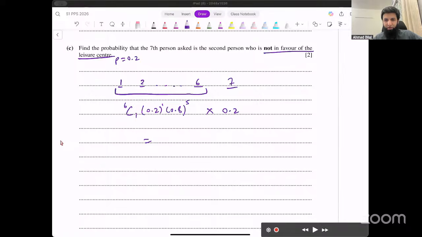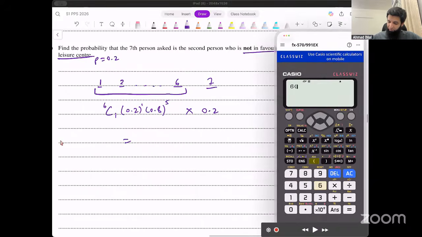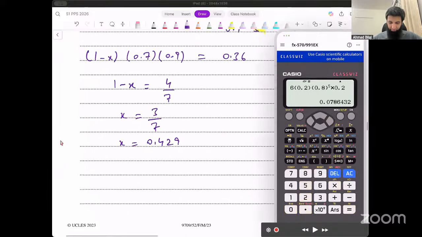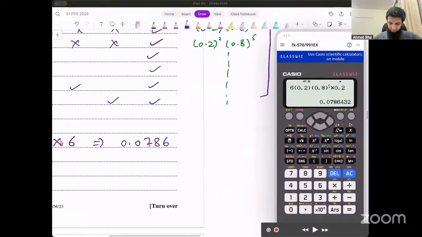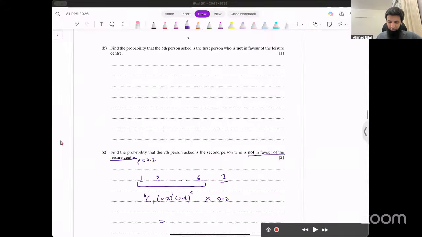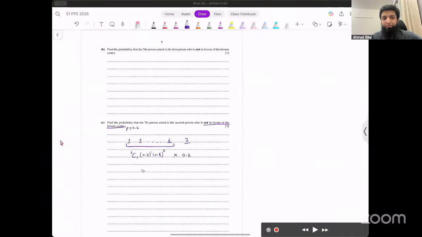This is fine, it should work. What are you getting from this? 6 into 0.2 into 0.8 raised to power 5 into 0.2. That's 0.0786. That's correct. सही आता है. ठीक है सर, this should be fine.